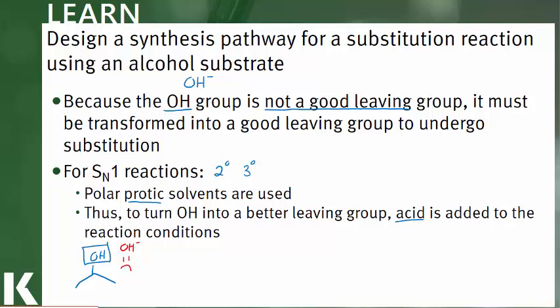But if I were to add acid to the reaction conditions, just a little bit of H+, that would allow me to protonate that OH group. So when this whole thing leaves, it will leave instead not as hydroxide, but as water, which is a good leaving group.